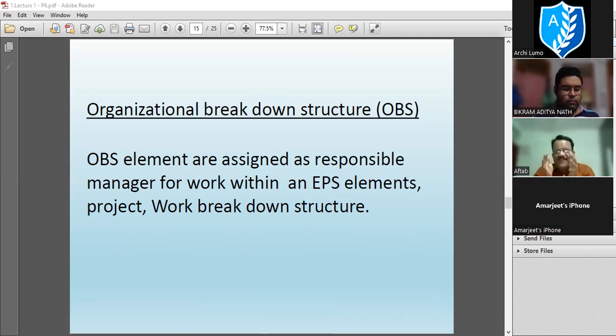Now, this villa can be divided into foundation. Try to understand this. Foundation, I mean below plinth, and above plinth, superstructure.